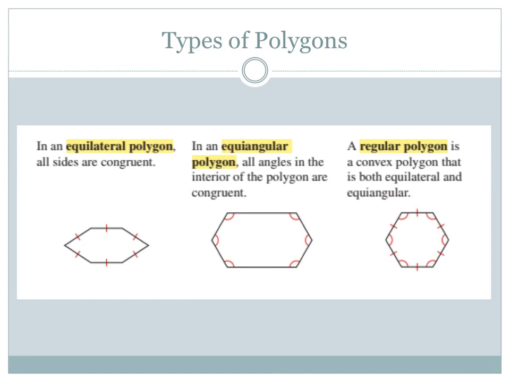So squares are a regular polygon because all the sides are the same, all the angles are the same. A hexagon: all the sides are the same, all the angles are the same. A pentagon: sides are the same, angles are the same. Okay?